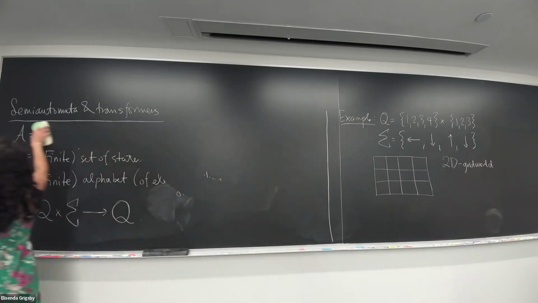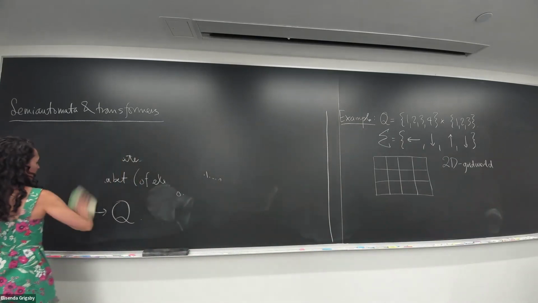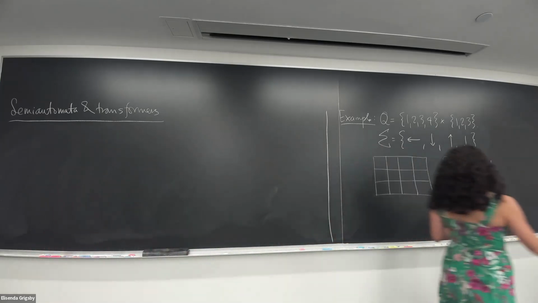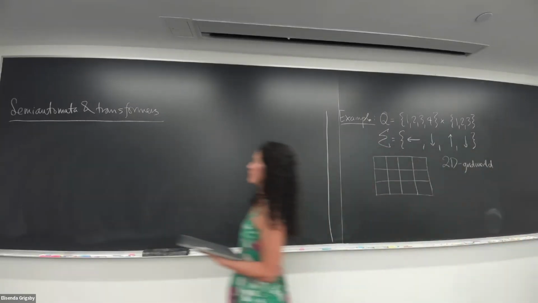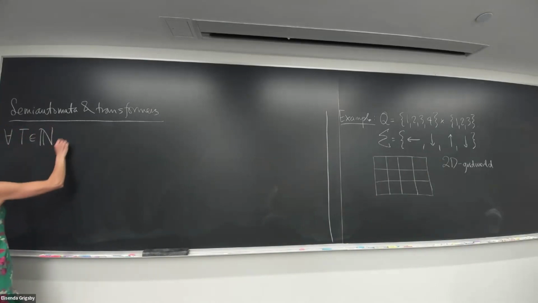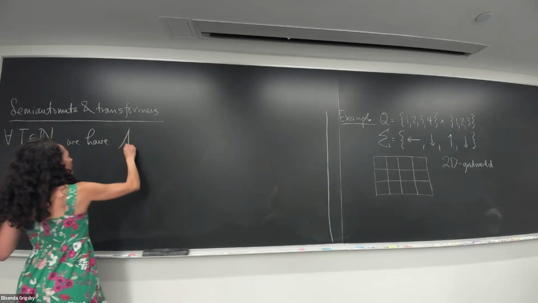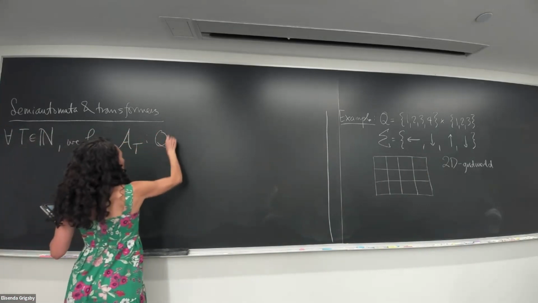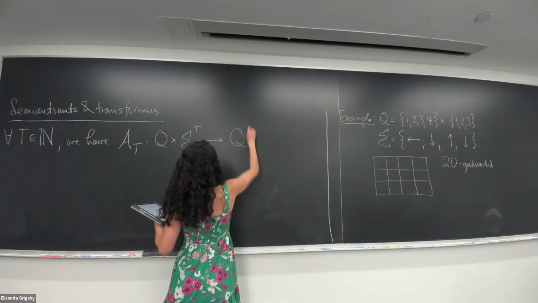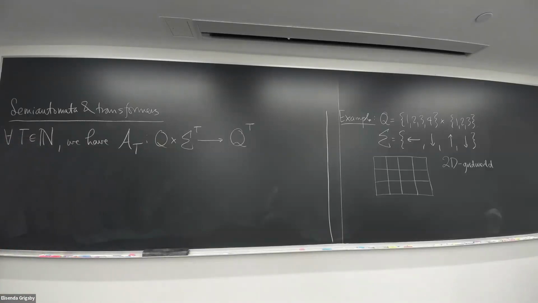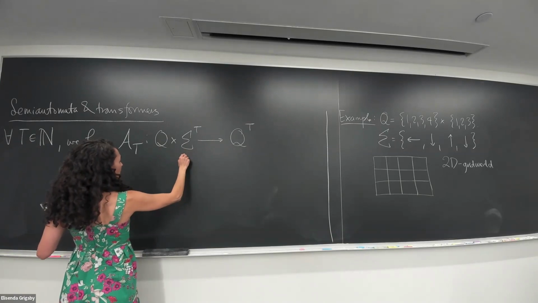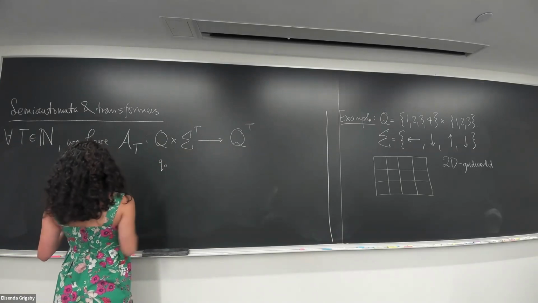So for all T and N. So now if you have a length T sequence in the alphabet, you get a length T sequence of states, which is just acting in turn by each of the, so you start with the initial state Q0.